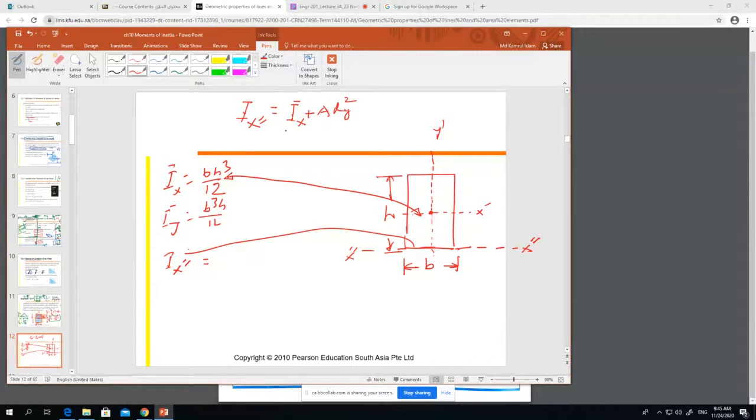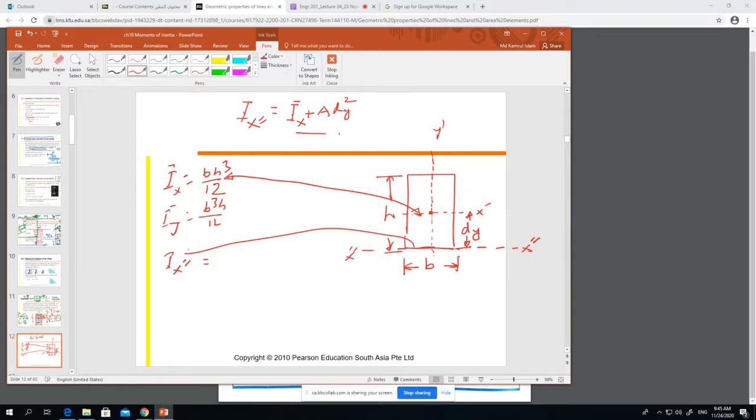As we learned already, from the centroidal axis this is the formula. And for any other axis with some distance, suppose this distance I give the name dy, from the new axis to the centroidal axis. Then what is the moment of inertia?